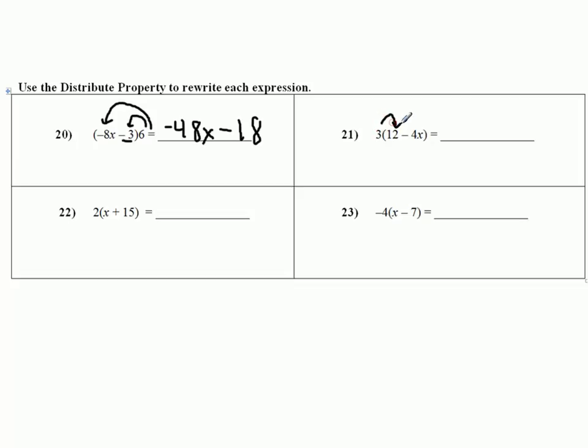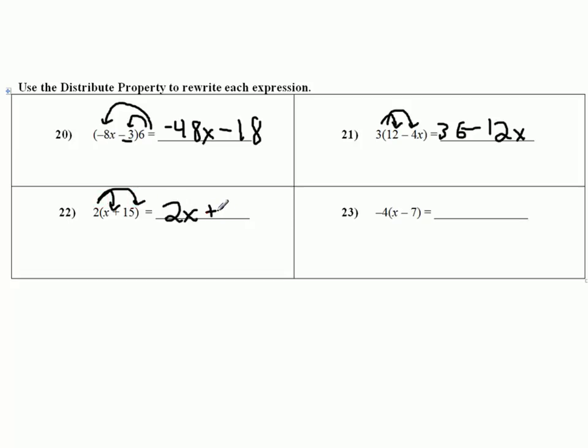Next one, 3 times 12, that's 36. 3 times negative 4x, negative 12x. Sorry, the handwriting's terrible. It's getting worse. Next one, 2 times x is just 2x. And then we have 2 times 15. If you have to do it on the side, do it.